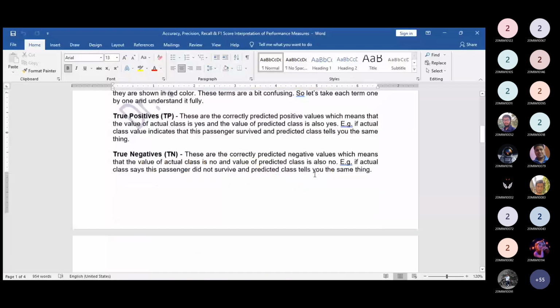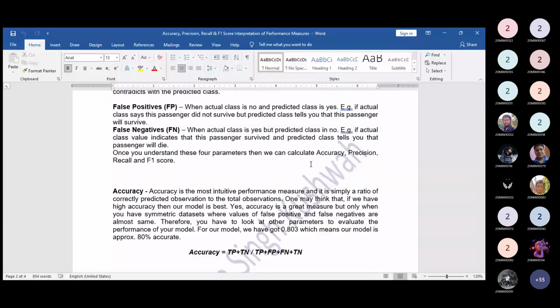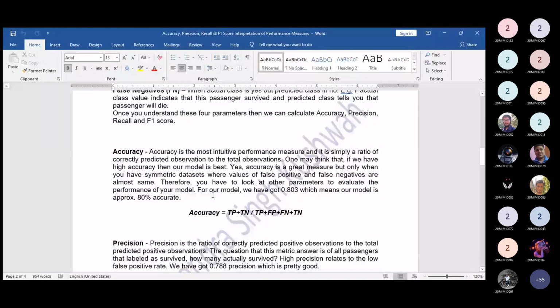Next, we have the accuracy. After understanding the confusion matrix parameters, let us discuss the accuracy score. Accuracy is the most intuitive performance measure, and it is simply the ratio of correctly predicted observations to the total observations. The total observations we can calculate as true positive plus false positive plus false negative plus true negative.